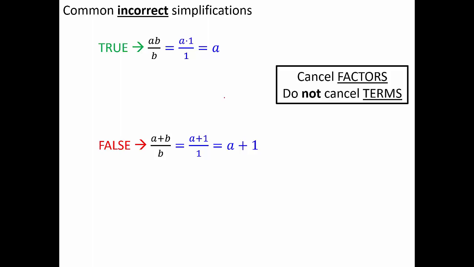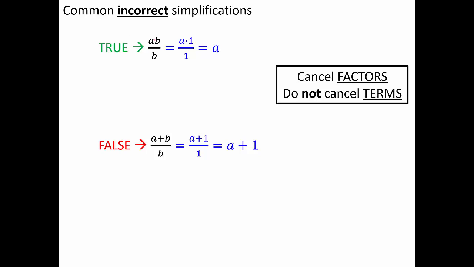Well, what the rule actually says is that you can cancel factors. You cannot cancel terms. Remember, a factor is something that's being multiplied together. 2 and 3 are factors of 6, because 2 times 3 is 6, versus 2 plus 4, which also gives you 6. That does not make 2 and 4 factors of 6.